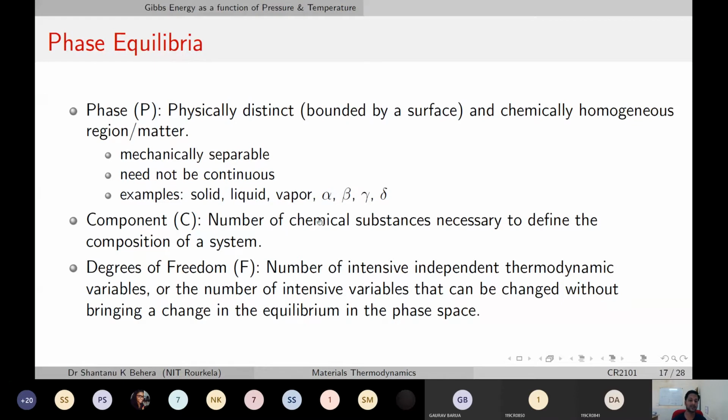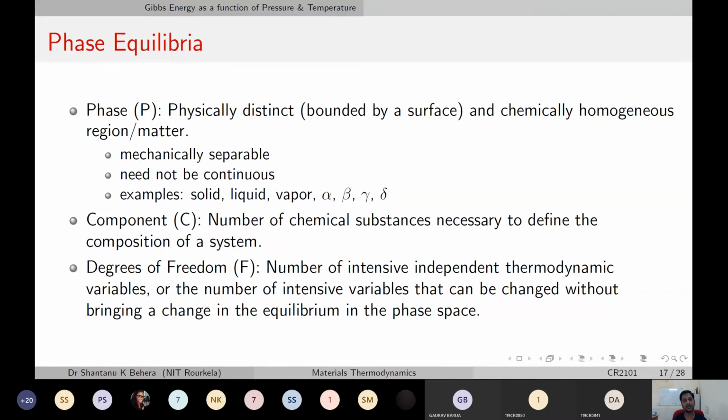So that's the minimum number of chemical substances that is required to define the system. That's the number of components. And now another term that's called degrees of freedom. There are many thermodynamic variables that influence the stability of the system.